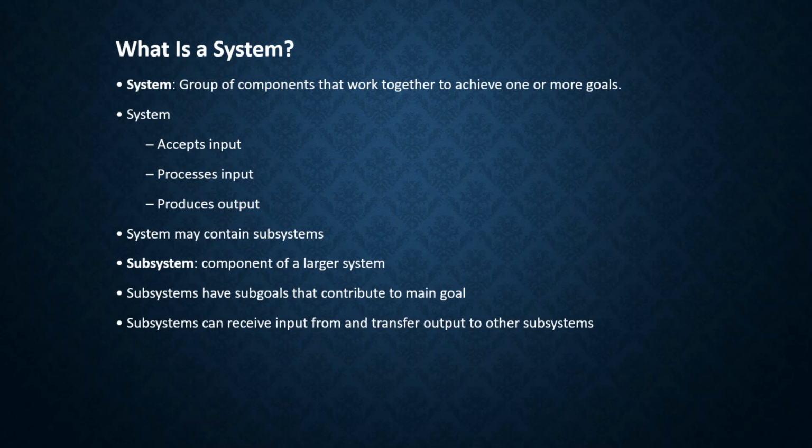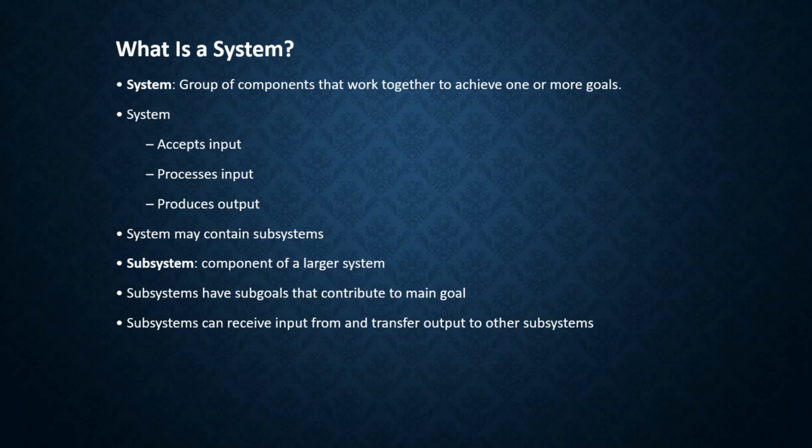If we want to reach our main goal, then we must understand these subsystems and the sub-goals that they are going to handle. The subsystems also receive input and transfer output to other subsystems.